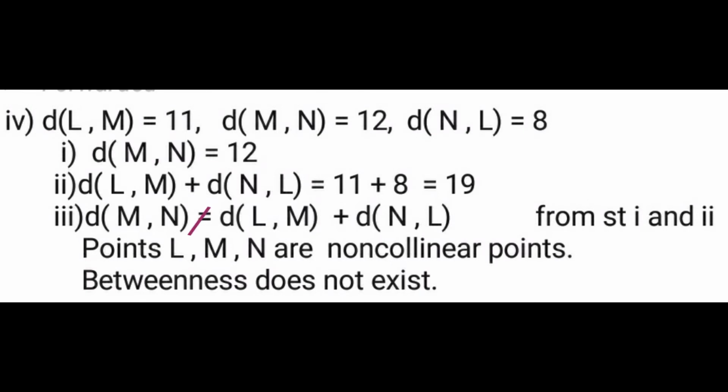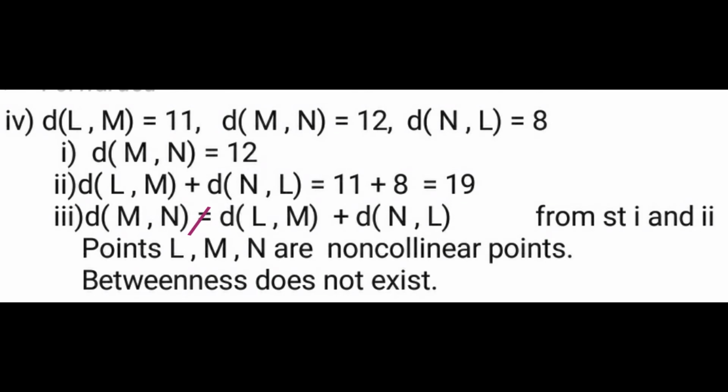Sub-question number 4, distance LM is 11, distance MN is 12, distance NL is 8. First one, distance MN is 12, which is the largest distance. The sum of the remaining two distances, distance LM plus distance NL, how much is it? 11 plus 8, it is 19. 12 and 19 are not the same.